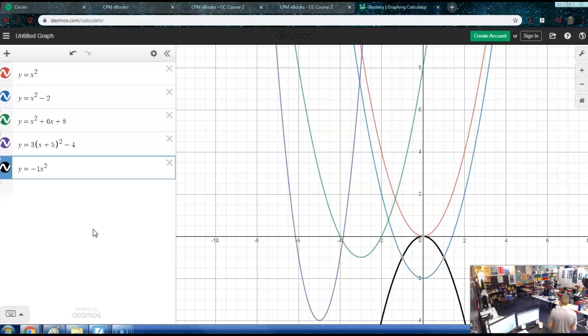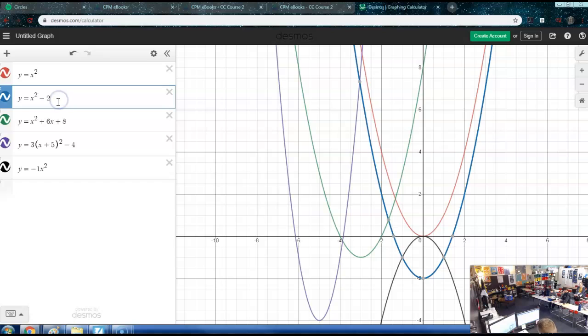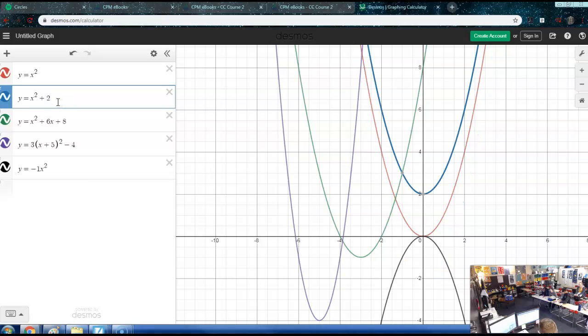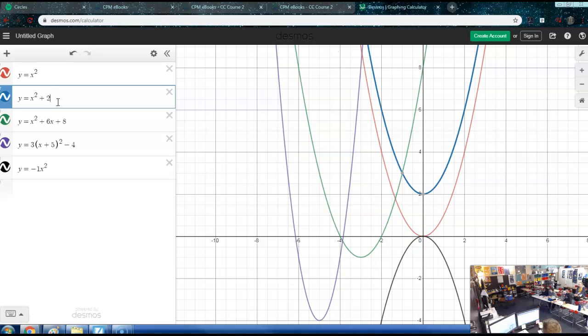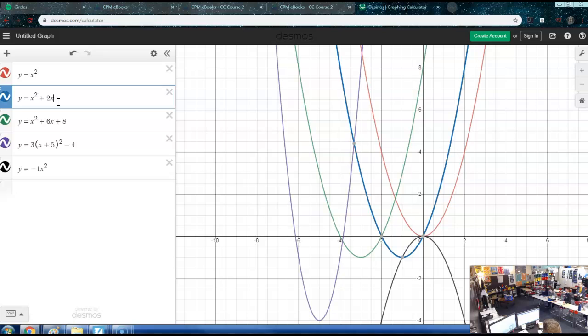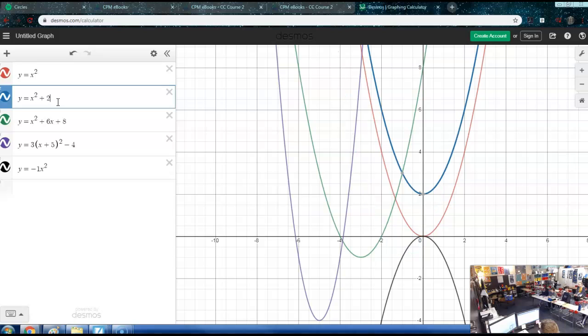So we're not adding or subtracting an x value. If I add 2, great, it pushes me up. But 2x does not. Look at this, 2 being added versus 2x being added. That's awkward. So the B value moves it horizontally.